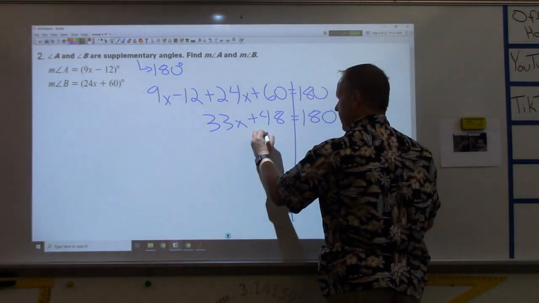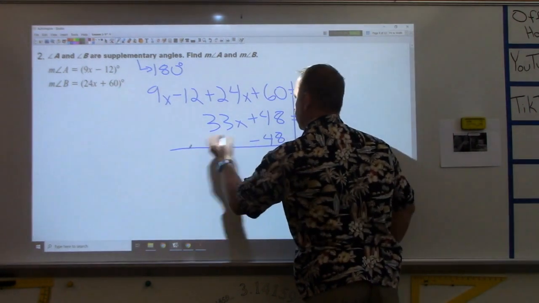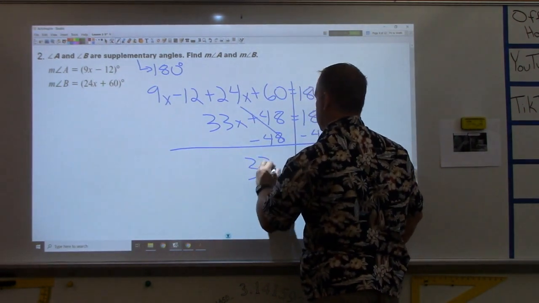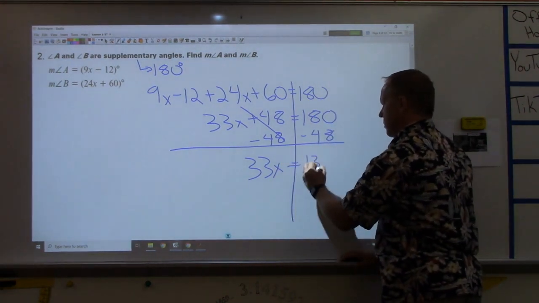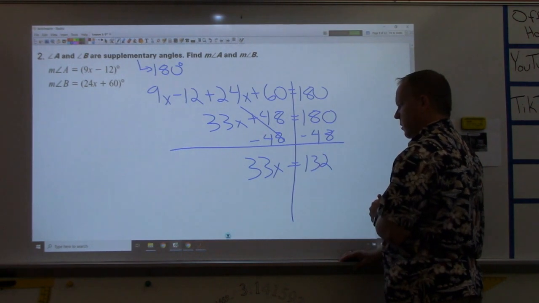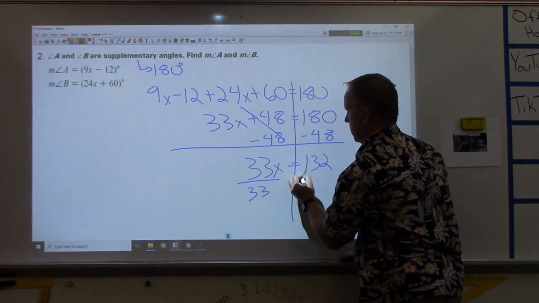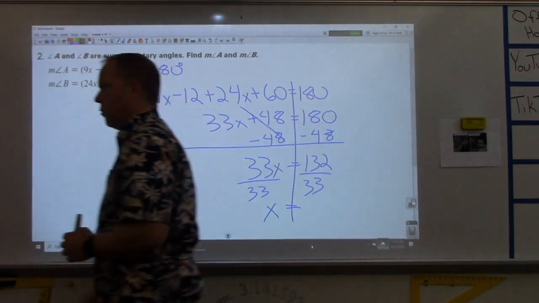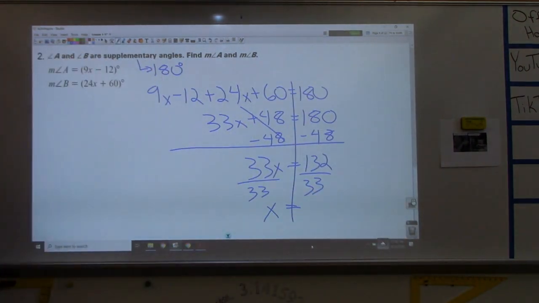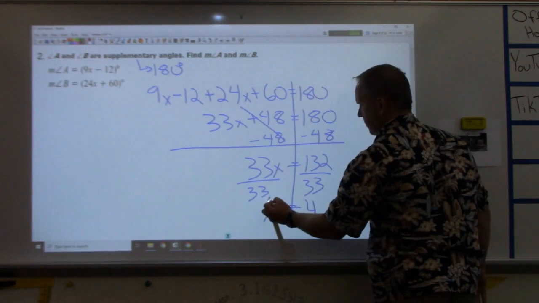Subtract 48 from both sides. 180 minus 48 gives me 132, and then divide by 33. What do you get? Oh, look at that, we got x equals 4 again.